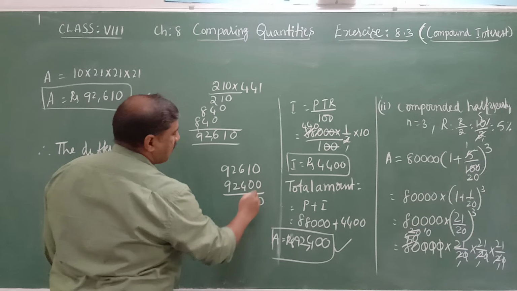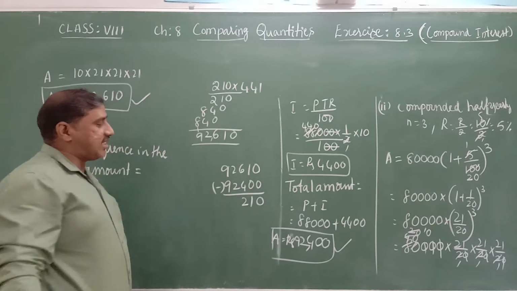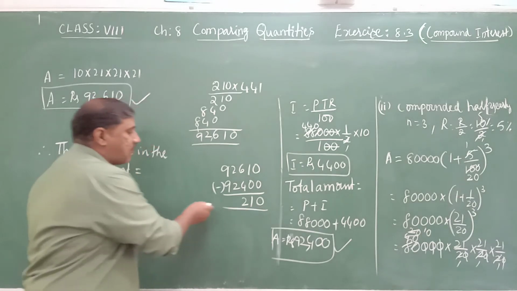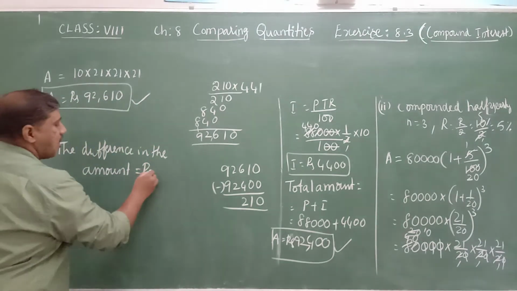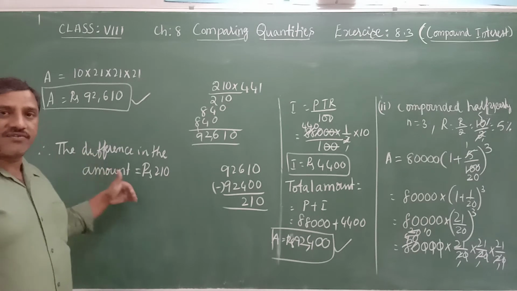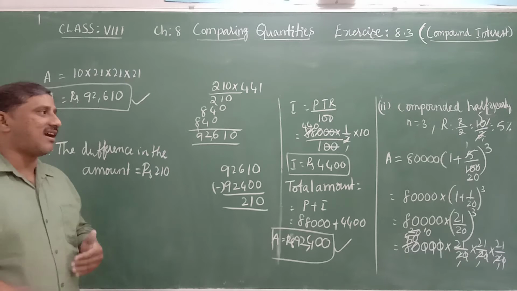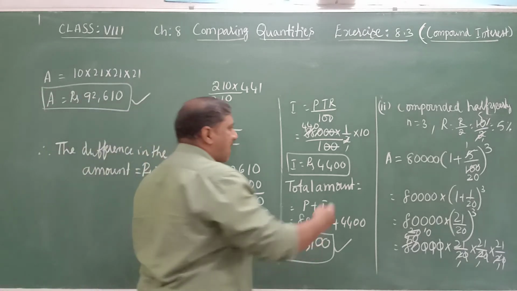Subtract: 0, 1, 6 minus 4 is 2, 9, 2 minus 2 is 0, 9 minus 8 is 0. So how much is it? 210 rupees he has to pay. That is the difference in the two amounts when the interest is calculated half yearly and annually.